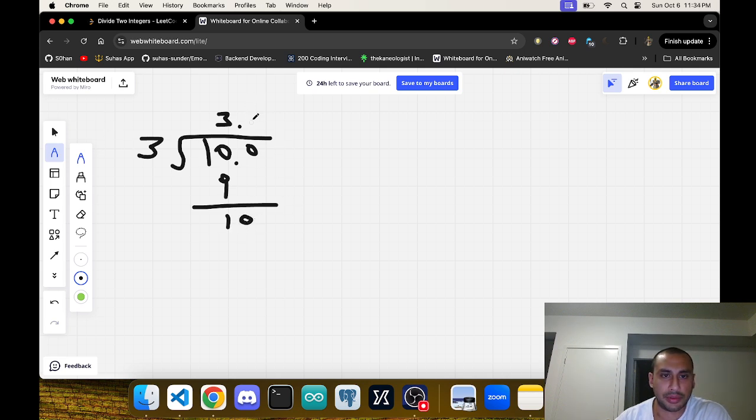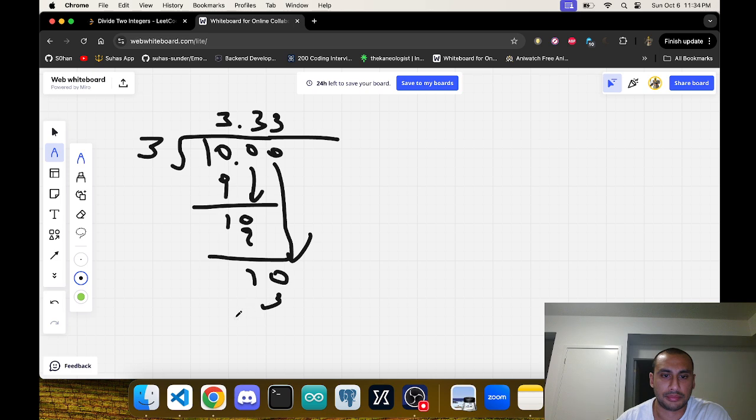How many times can we fit 3? 3, so it's going to be 9 again, leaving 1, 0. And then once again, this comes down, so 10, 3, 3, 10, 9. 3 times it could fit, so the remainder is always going to be 1, and you can keep going with 3 until infinity. It's going to be 3.333.